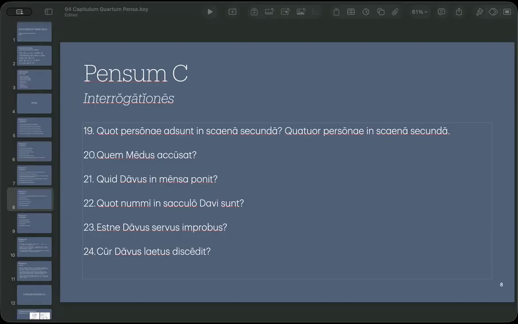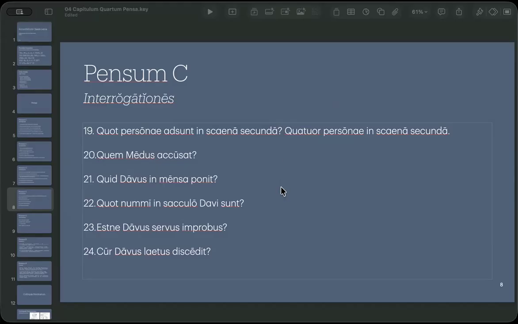Let's see here. I can't type in any language tonight. Come on. I want Latin. Oh, interesting.